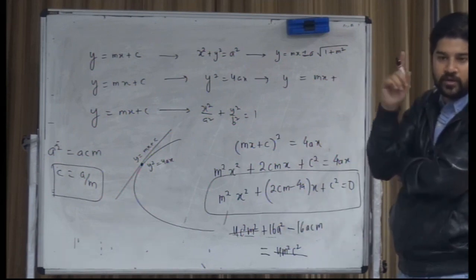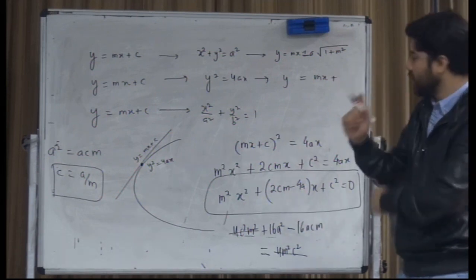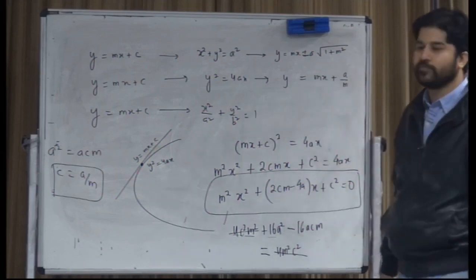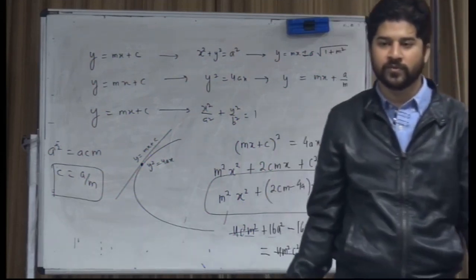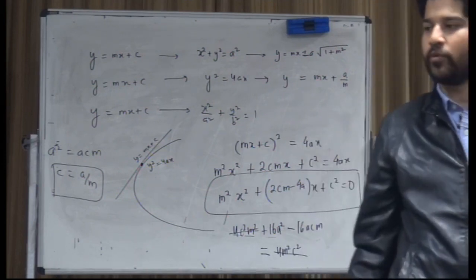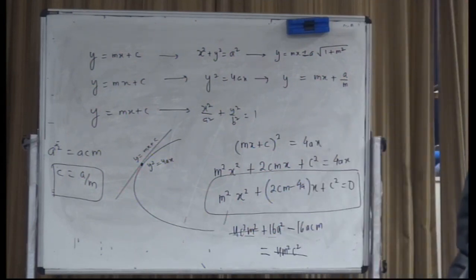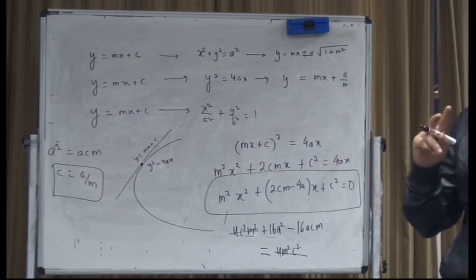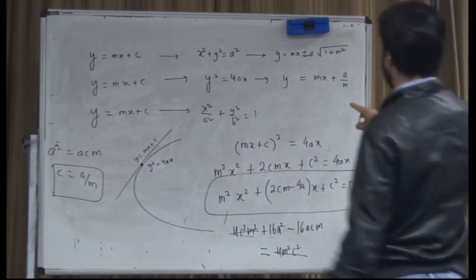You will always get only one tangent of one slope, and that is equal to a by m. समझ में आया? अरे आपको पता है ना, पैराबोला में किसी भी टेंजेंट का जो स्लोप होता है वो 1/t होता है. 1/t मतलब सबका यूनिक स्लोप होगा, तो कभी कोई ऐसा टेंजेंट नहीं बनेगा जिसका दो पैरेलल टेंजेंट्स बने. इसलिए यू आर गेटिंग सी एज ओनली वन.